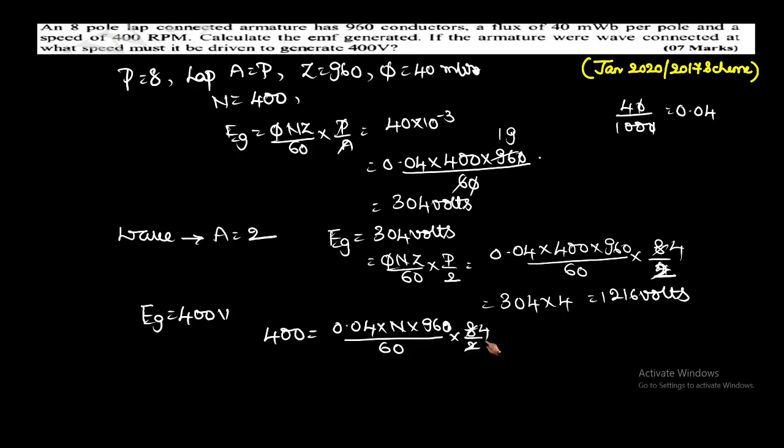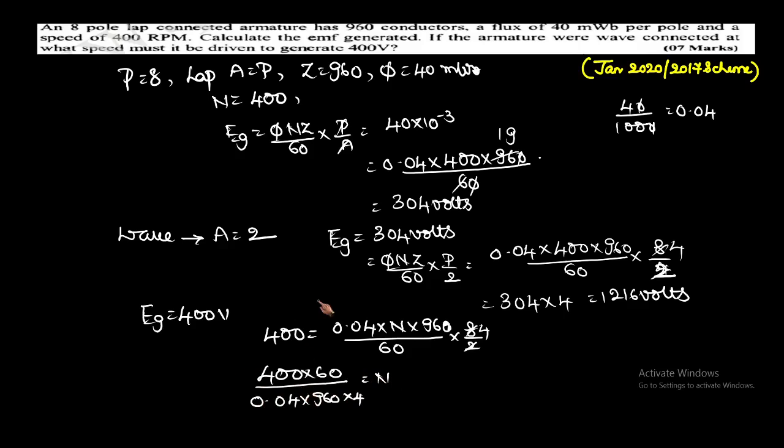So for this question you have to do 400 into 60 divided by 0.04 into 960 into 4. This is the speed you are going to get.